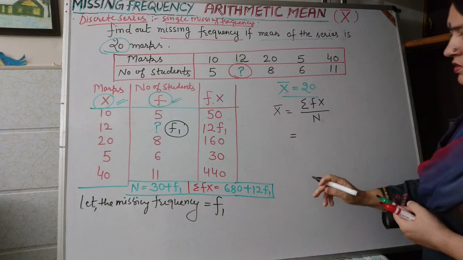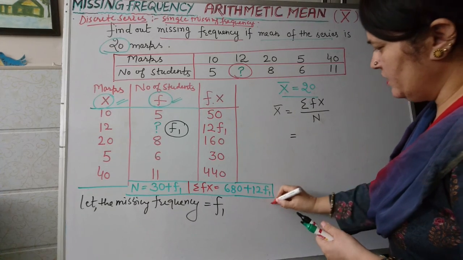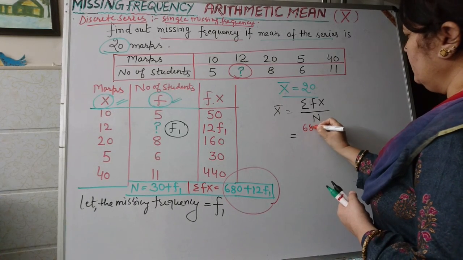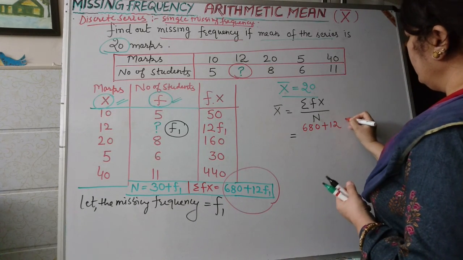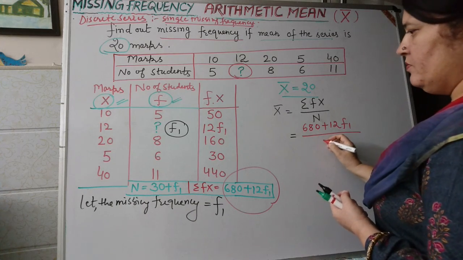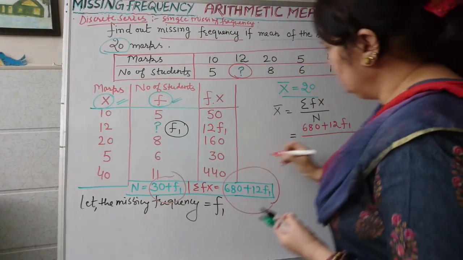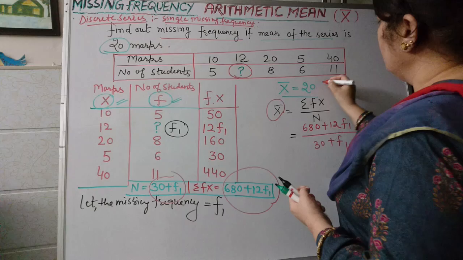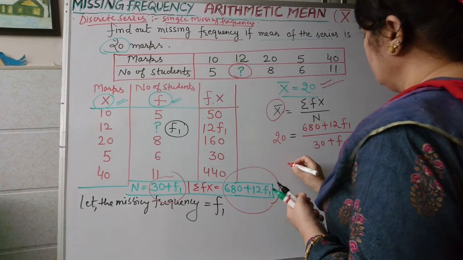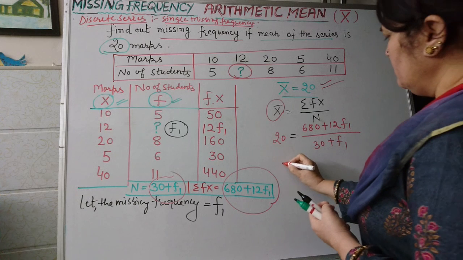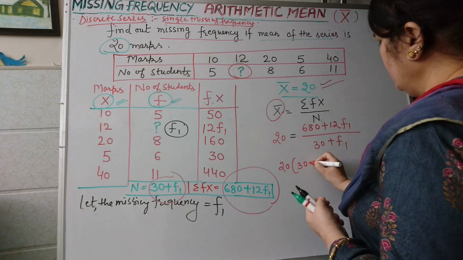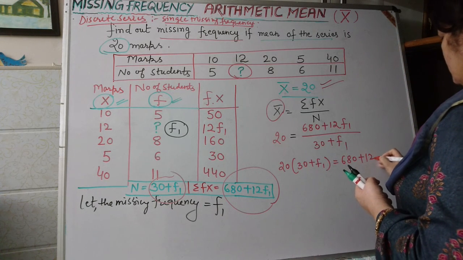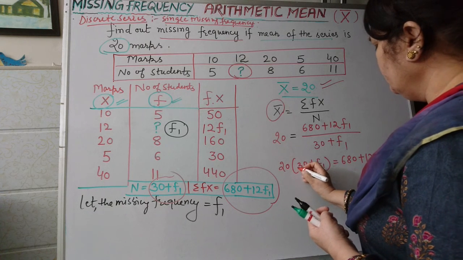The value of sigma fx we have recently derived is 680 plus 12 f1, divided by the value of n, 30 plus f1, and the value of arithmetic mean is also given, which is 20. So by cross multiplication, 20 multiplied by 30 plus f1 is equal to 680 plus 12 f1.